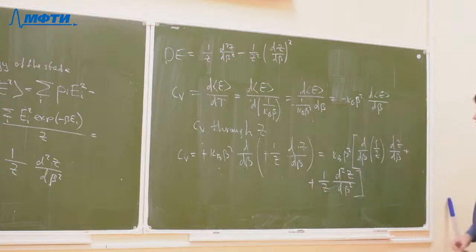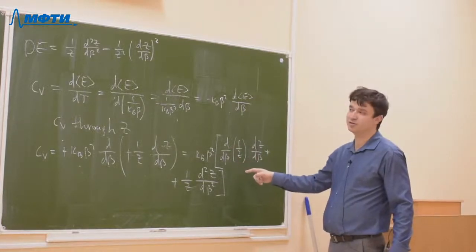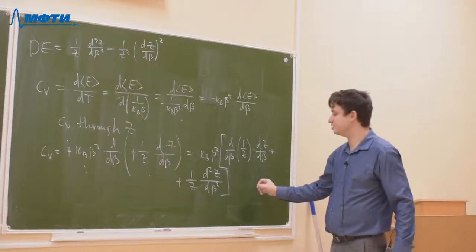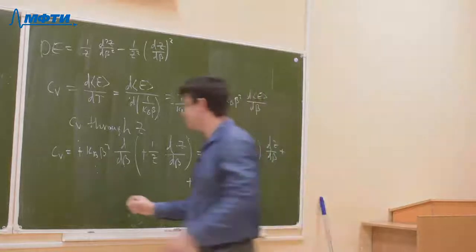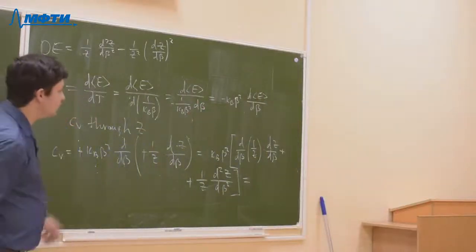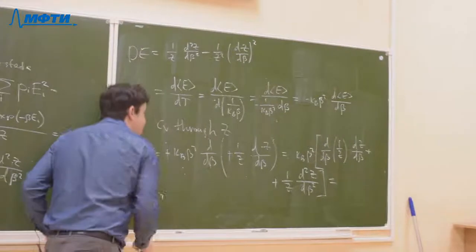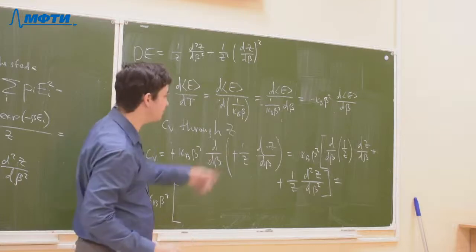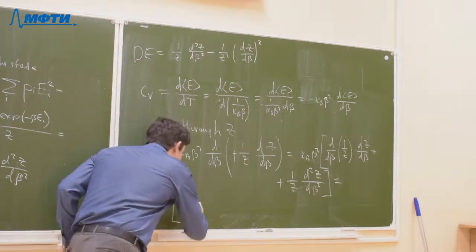This is the result. Then I need to calculate this derivative, and it can be found using the chain rule. Okay, I have almost no space here, so I will proceed on that blackboard. So to calculate this derivative using the chain rule, I first of all calculate the derivative of 1 over Z. That will give me minus 1 over Z squared.